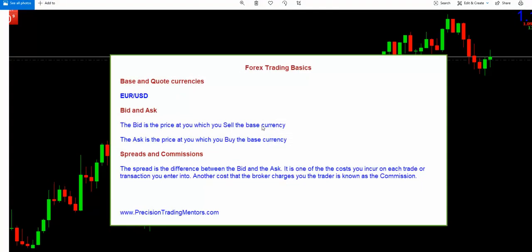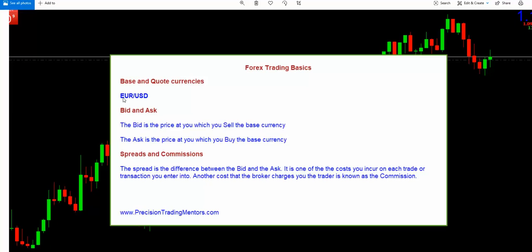Now, even as it says here, the bid is the price at which you sell the base currency, whereas the ask is the price at which you buy the base currency. I suppose you might now even be asking, what is the base currency? Now, the base currency here, you can see this is a currency pair.